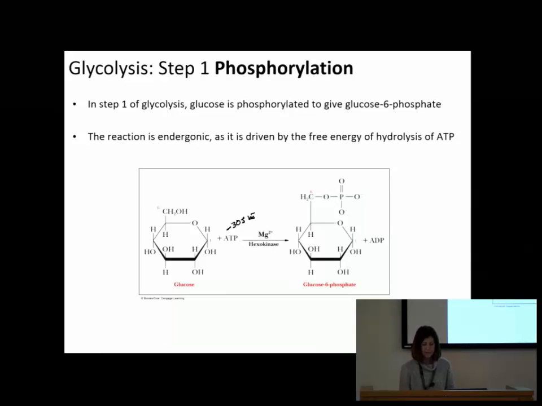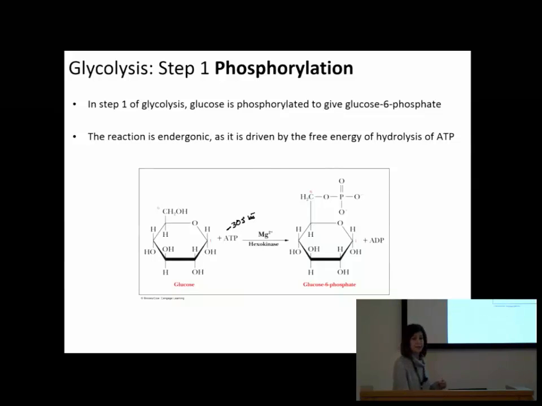Say it takes a positive 20 kilojoules to phosphorylate that. If you add those together, it's still a negative 10. So that's the idea of coupling two reactions, and so the overall reaction is still exergonic, or negative delta G, meaning spontaneous.